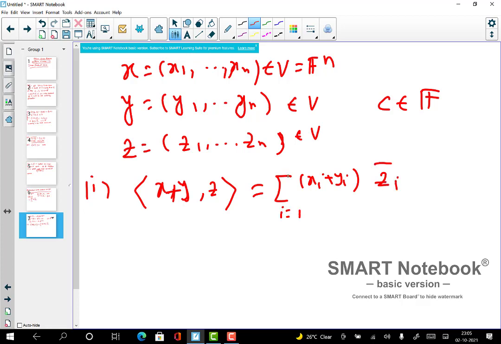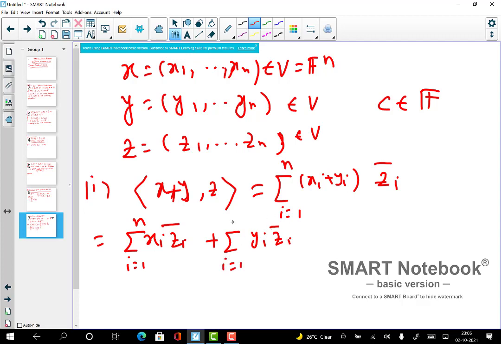By the property of addition, this is the sum of xi zi bar plus the sum of yi zi bar.